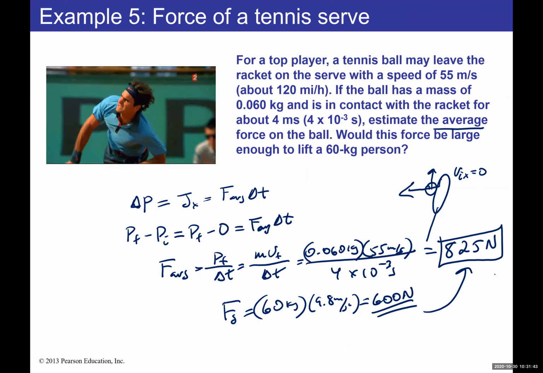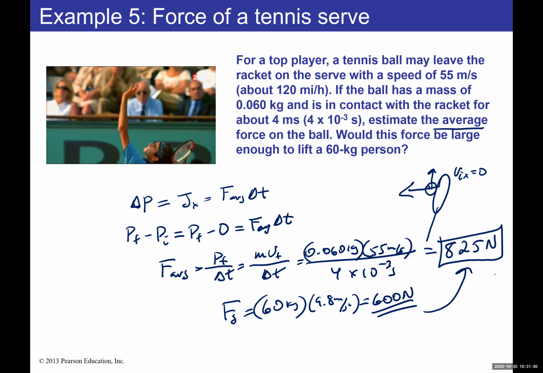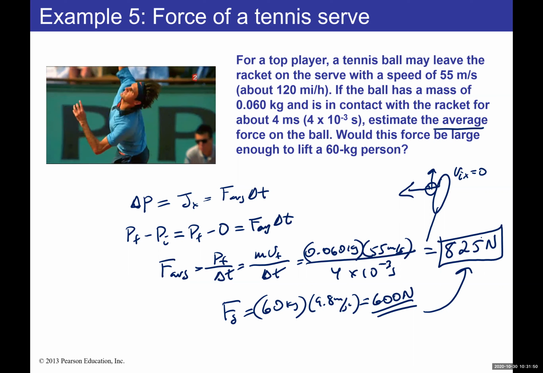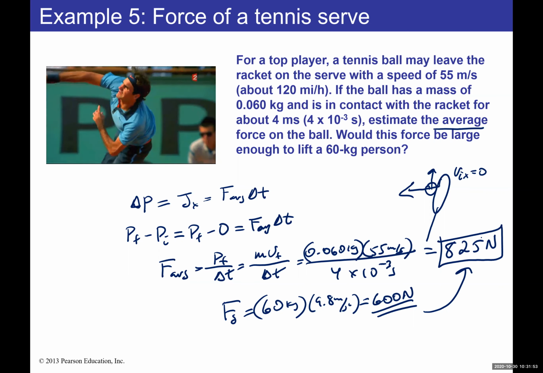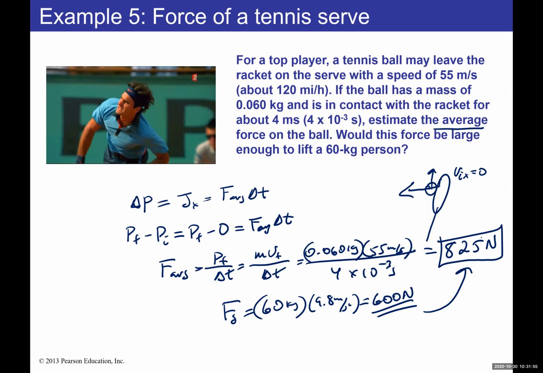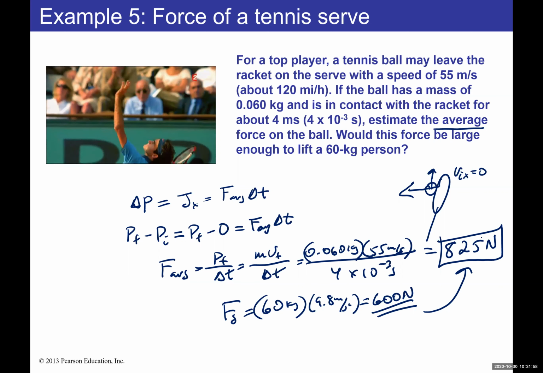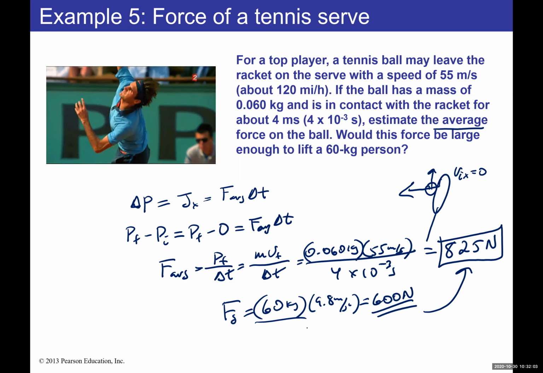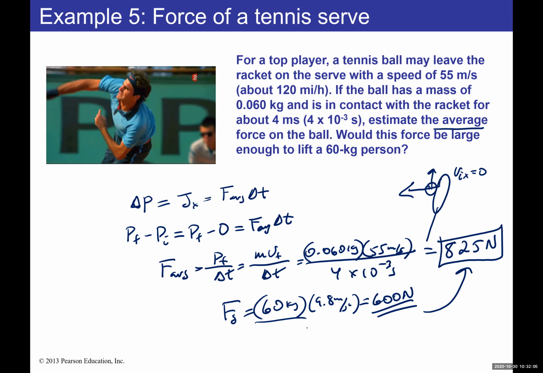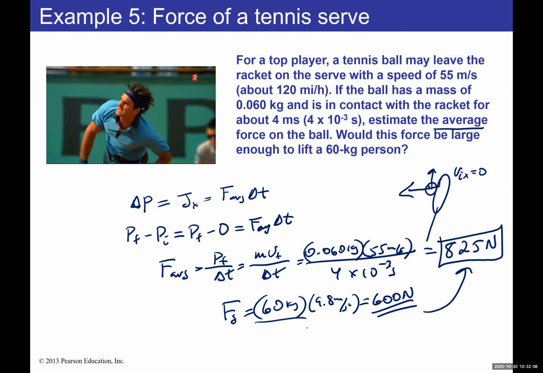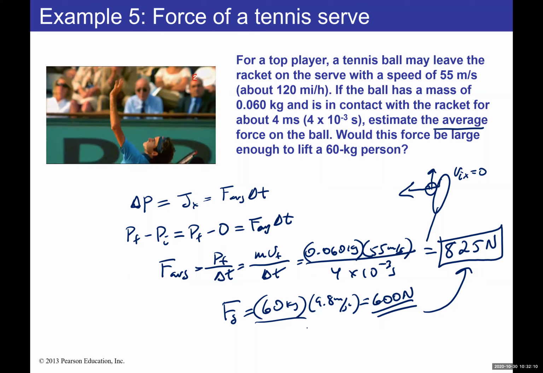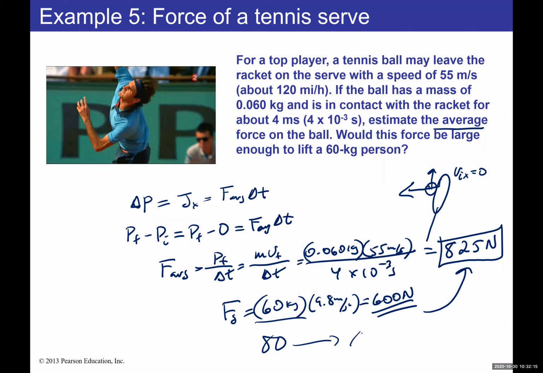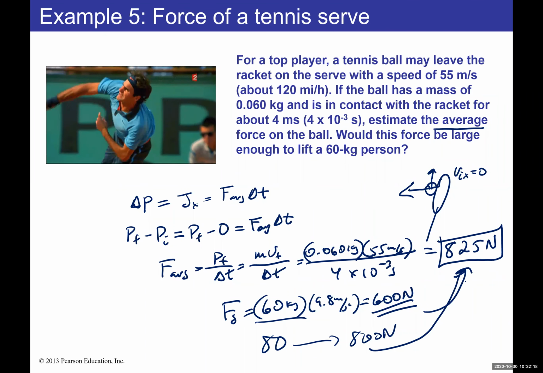Imagine when someone like Roger Federer strikes the ball during a serve, they exert over 800 newtons of force, which is strong enough to lift 60 kilograms, the average mass for an adult. Maybe even 70. Even an 80 kilogram object can be lifted, because it would weigh roughly 800 newtons, which is not even that much.